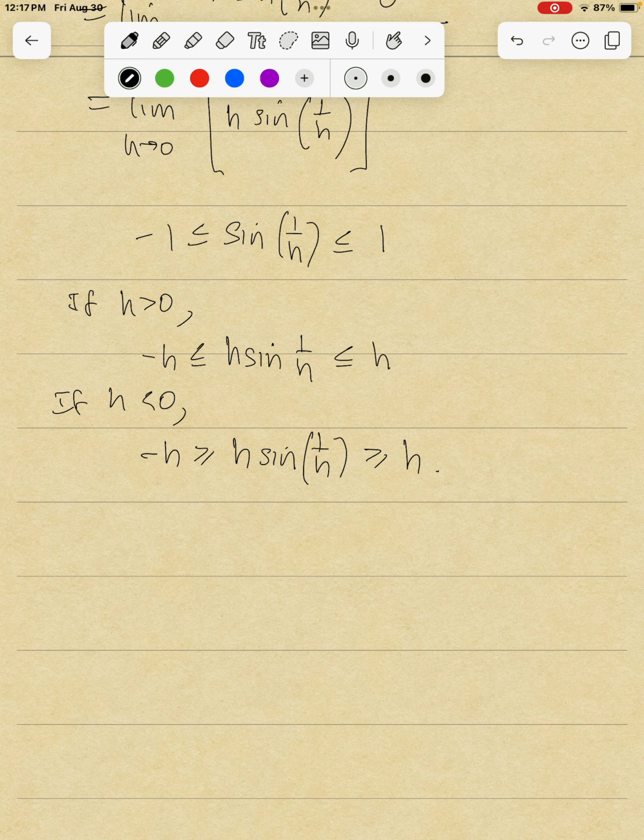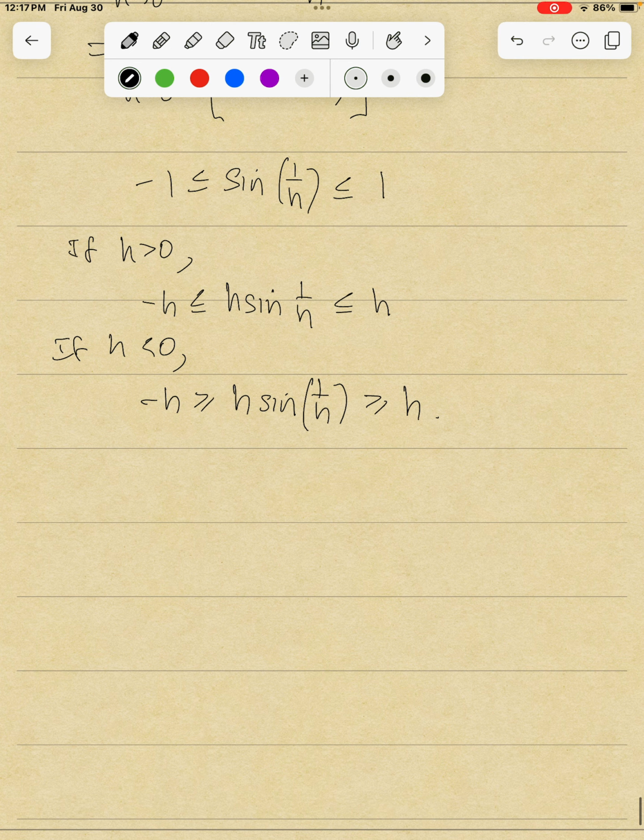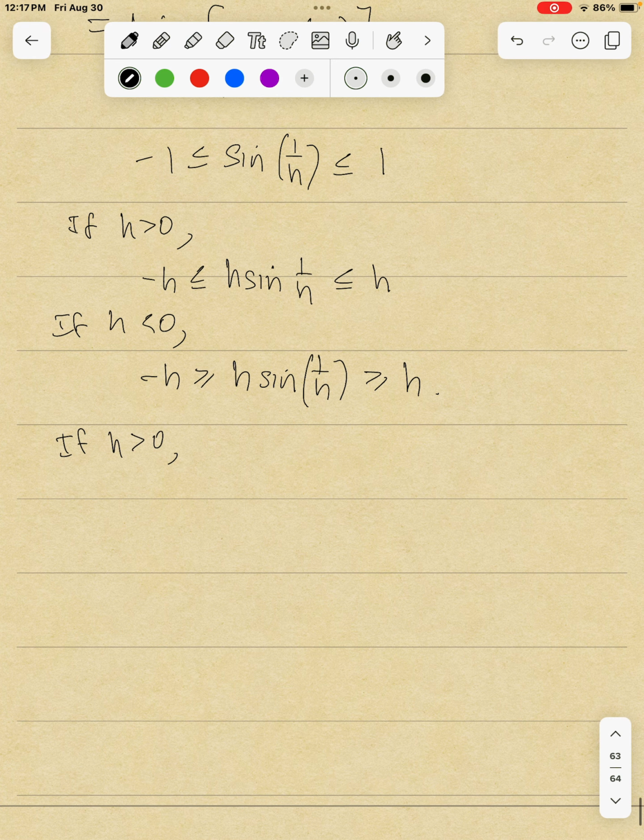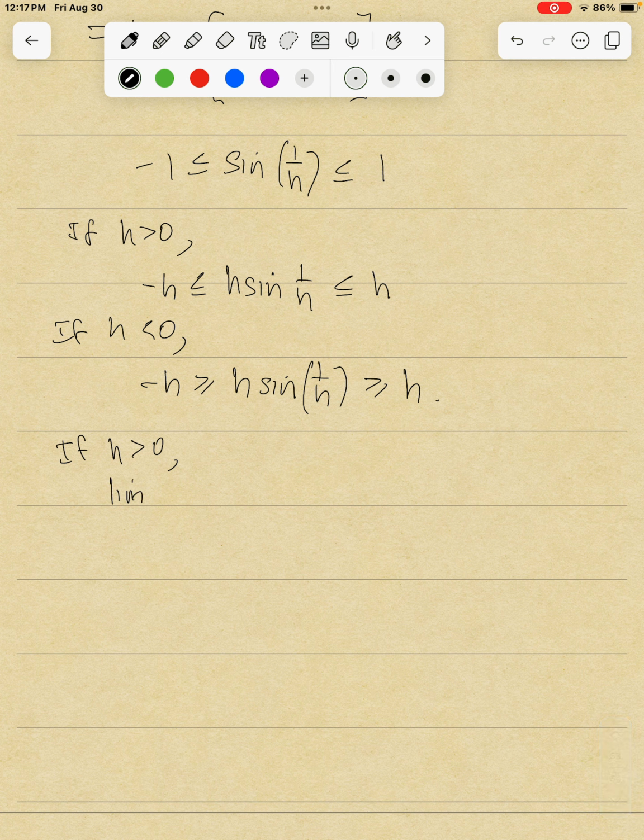Now in this case, we can apply the squeeze theorem to each of these inequalities. So from the first one, if h is greater than 0, then we have the limit as h goes to 0 from the right of h equals 0, and the limit as h goes to 0 from the right of negative h equals 0, right?